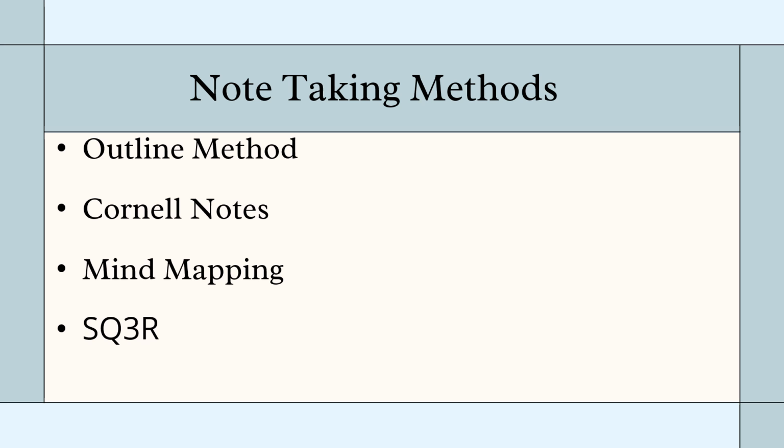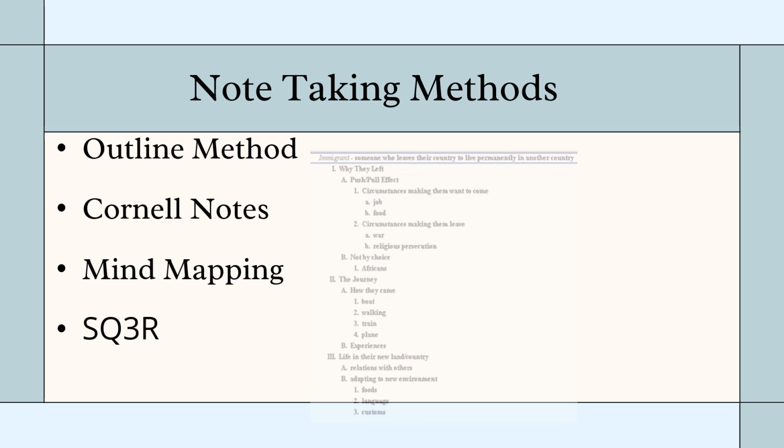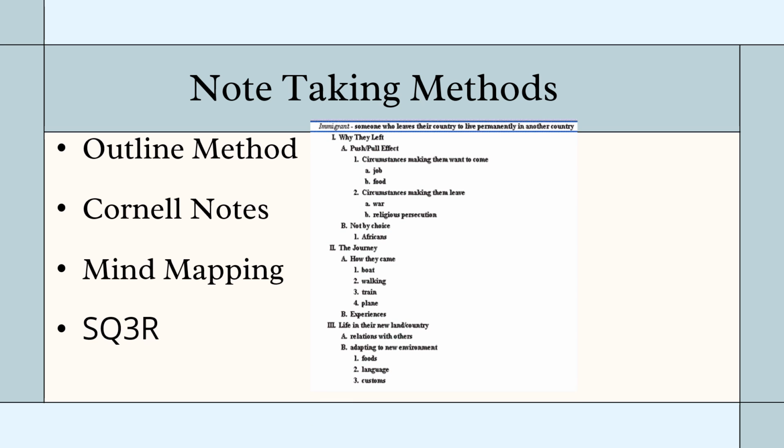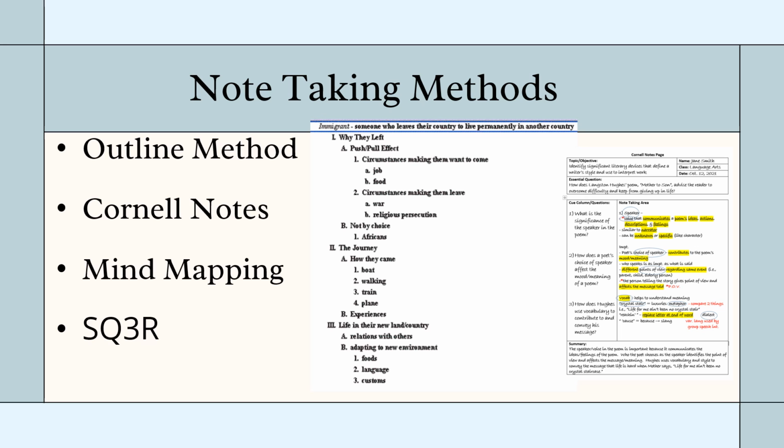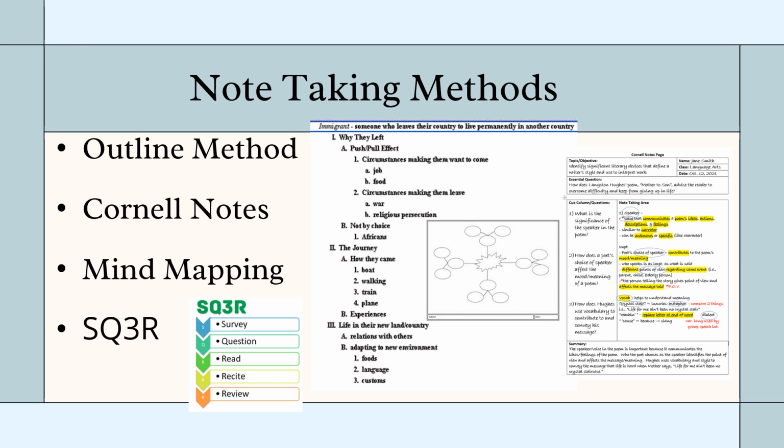The 3 note-taking strategies we will review here are the outline method, Cornell Notes, and mind mapping or mapping. We also encourage you to watch our separate video presentation on the SQ3R reading method. SQ3R is a study strategy specifically for reading textbooks or articles that involves note-taking.